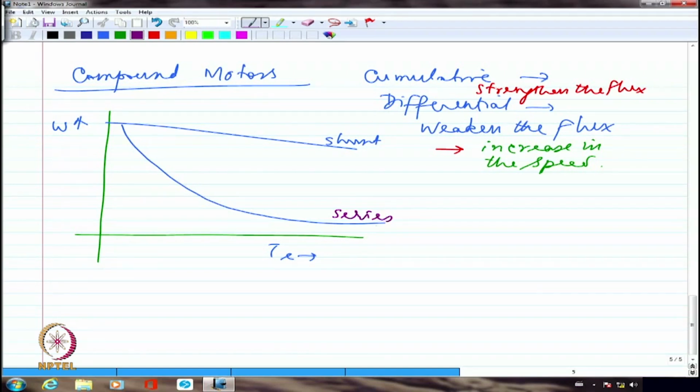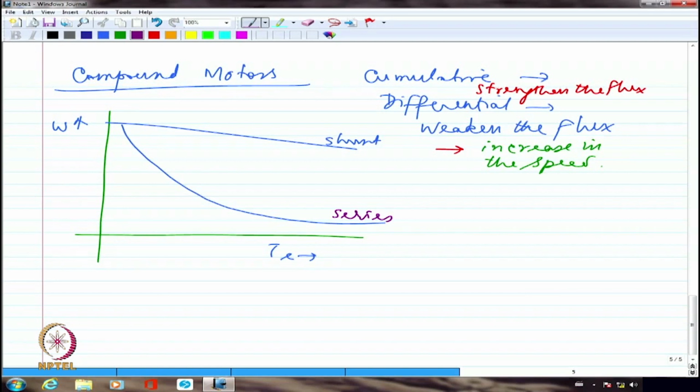Now, if I have differential compounding, just like what we had in the case of the generator, whenever we had cumulative compounding, every time there was an increase in the armature current because of an increase in power delivery, we had the voltage building up further. So the IaRa drop may be nullified, overcompensated or undercompensated.